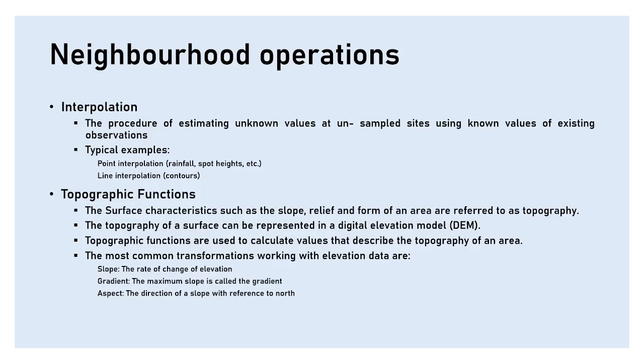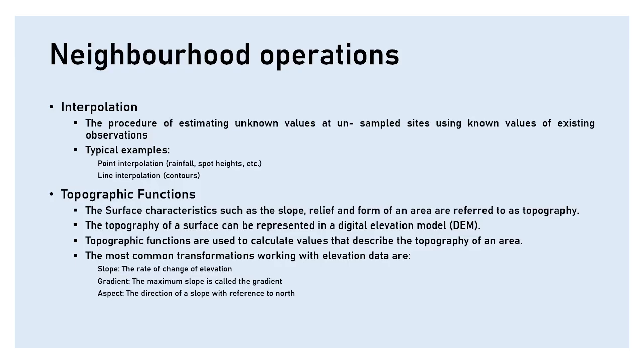It's not possible for you to go to every single point of that mountain area in order to know the elevation information. So you will select some strategic points of which you have the information about the elevation, and then you do the interpolation. So using the data from these sites, you're actually finding elevation information for the unsampled sites. That is what we are doing when we are doing interpolation.